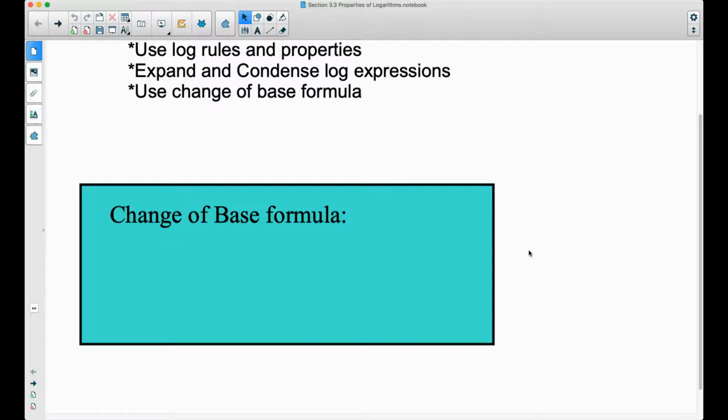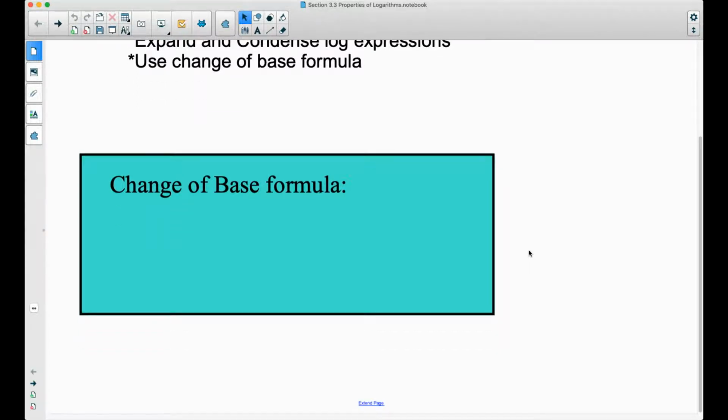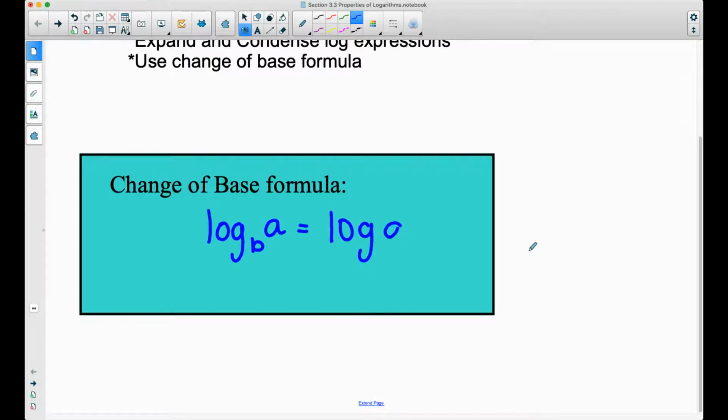So if you wanted to plug something into the calculator with a base other than 10, you would do log of what you were taking the log of over log of your base. So we do not use that anymore. We use the log base button in our calculator. Unless you have a really old calculator, then you would have to use the change of base formula to plug in something other than base 10.